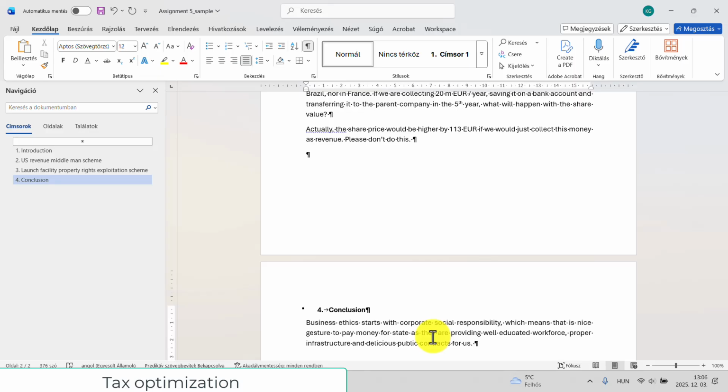So it is good to pay taxes, because after that we can earn much more from the state through public procurement processes than what we are paying for them.